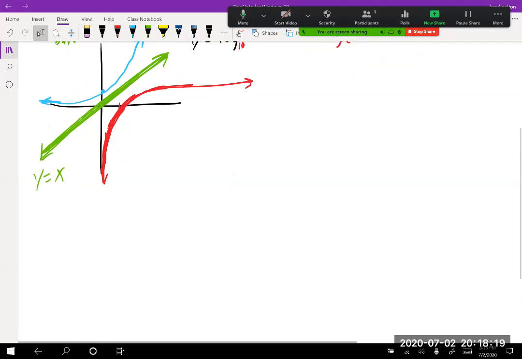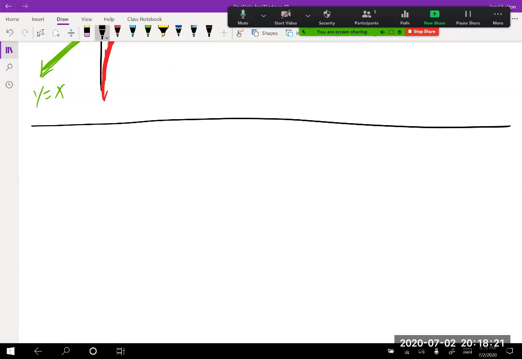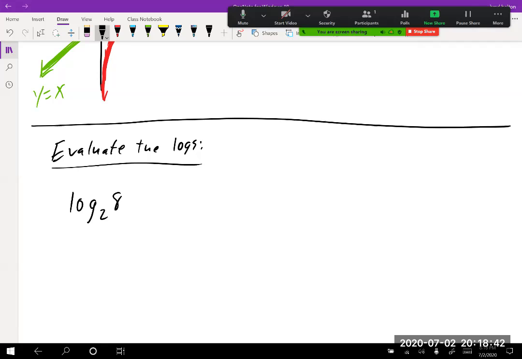So let's come over here. One of the first things we want to learn to do is we want to learn to say what this is. So if I told you to evaluate, and I gave you log base 2 of 8, or I gave you log base 4 of 16, or I gave you log base what of 64 is equal to 3.